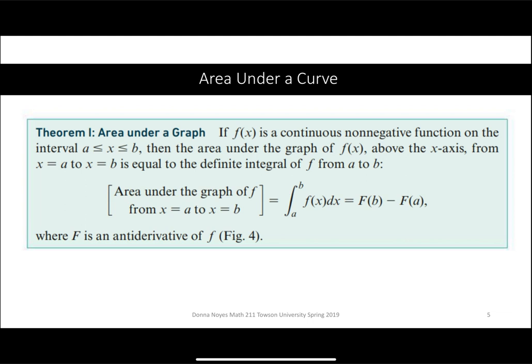If f of x is continuous and non-negative, and it's a function defined from a to b, then the area under that graph of f of x between the graph and the x-axis from x equals a to x equals b is equal to the definite integral of the function from a to b.